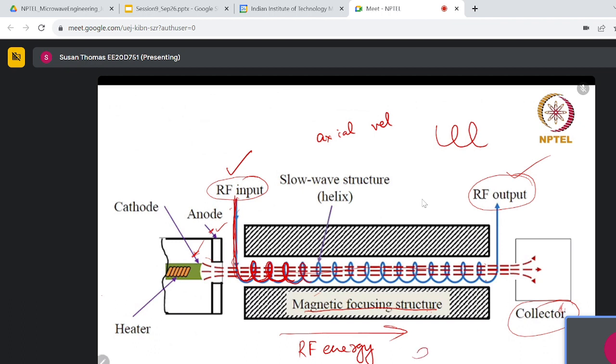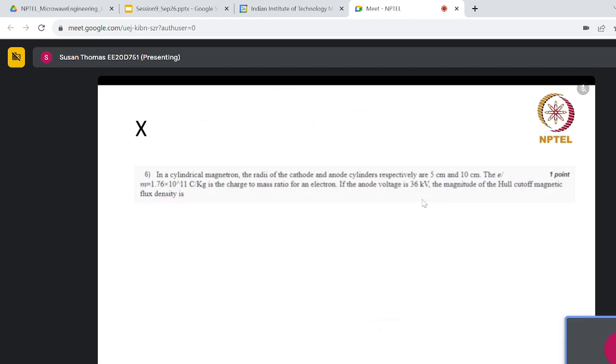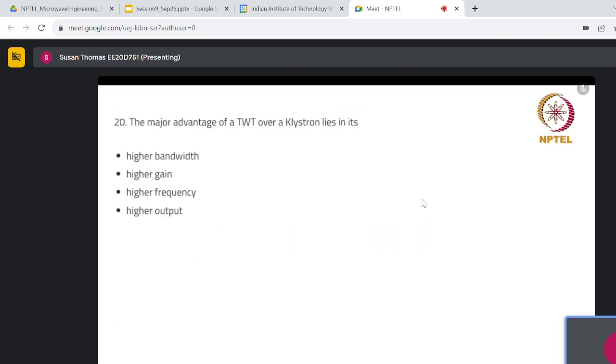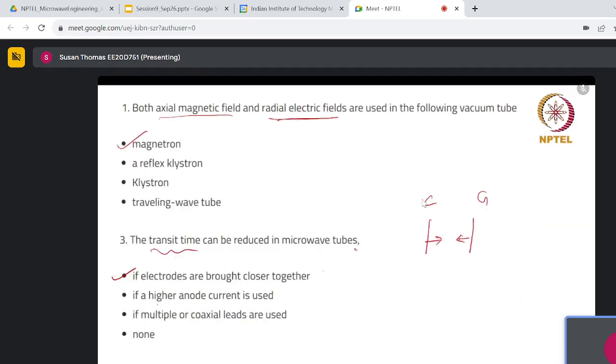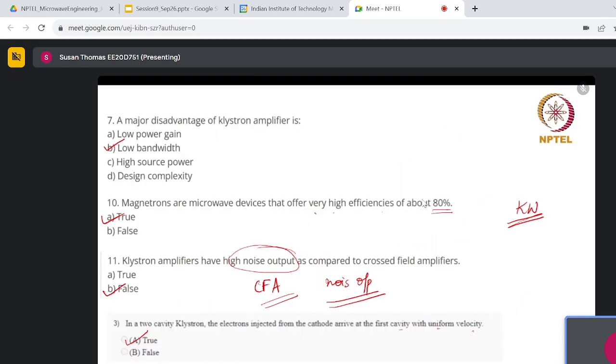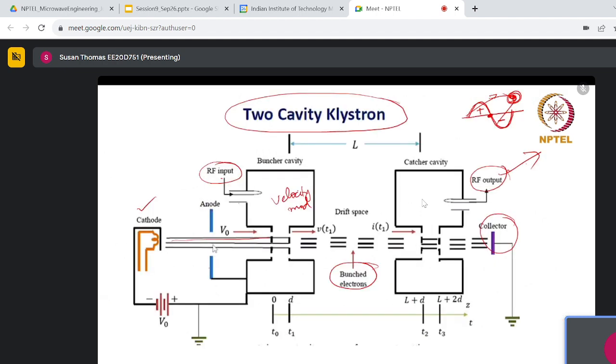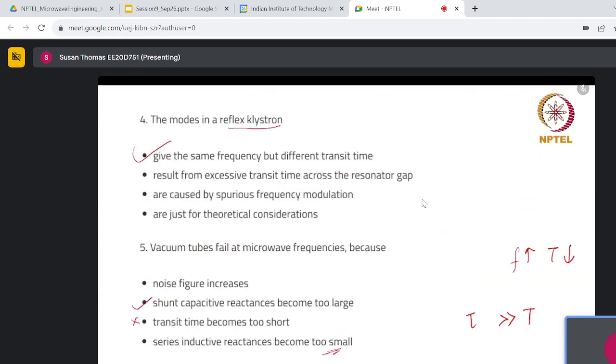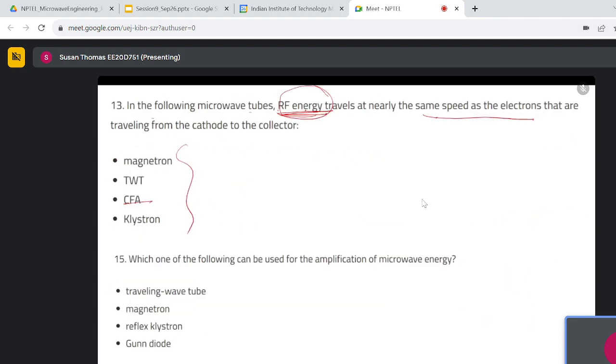So the speed at which the electrons move is the same as the RF energy travel speed only in the case of a TWT amplifier. Whereas that is different in the klystron, because you have velocity modulation, so different electrons will travel at different speeds. Then we can't say that the energy travel is the same as the velocity of the electrons. That is why the klystron is not the right answer. So the right answer is TWT.